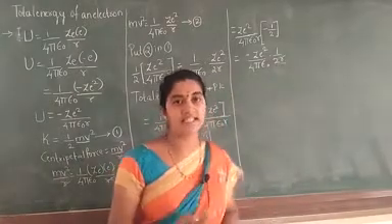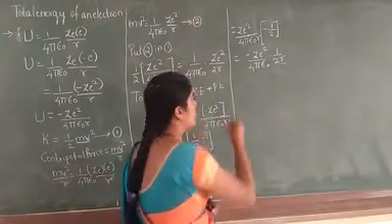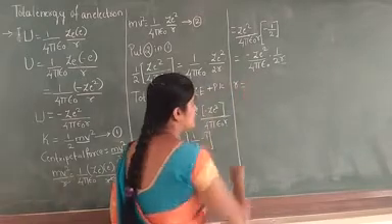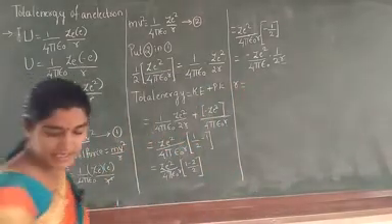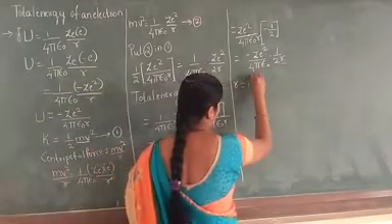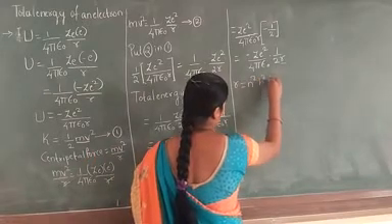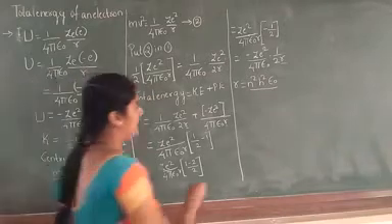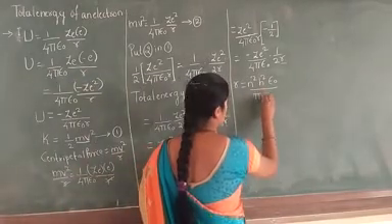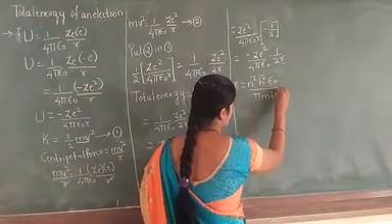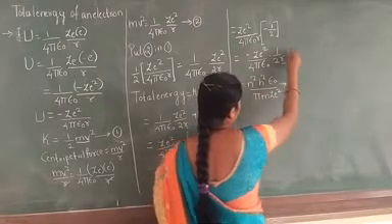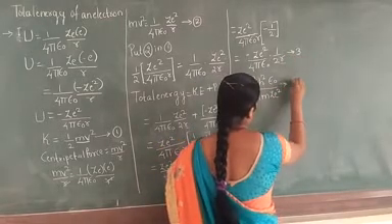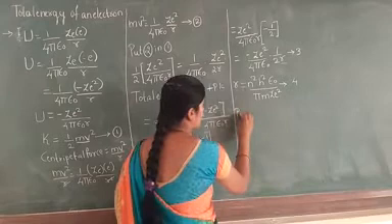In the last class, we derived the radius. We get the value r is equal to n square h square epsilon naught divided by pi m Z e square. Let us consider these equations as 3 and 4. Put equation 4 in 3.